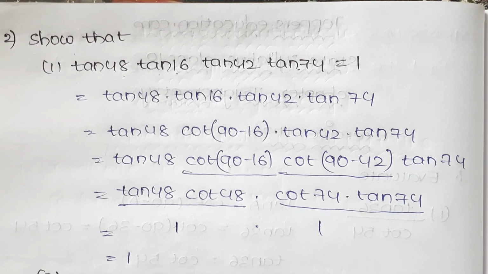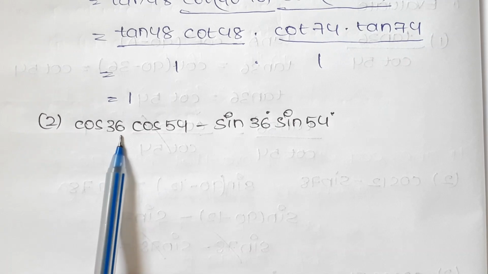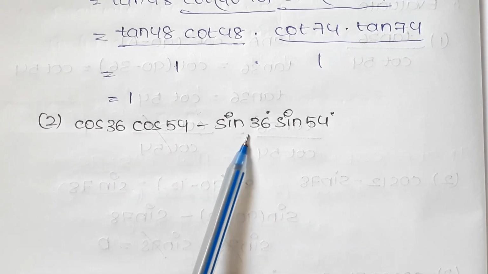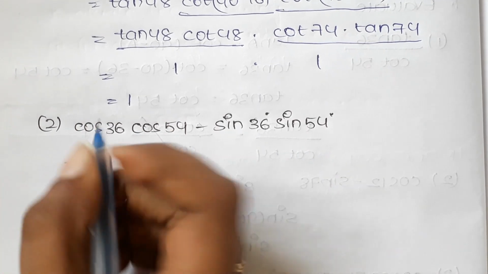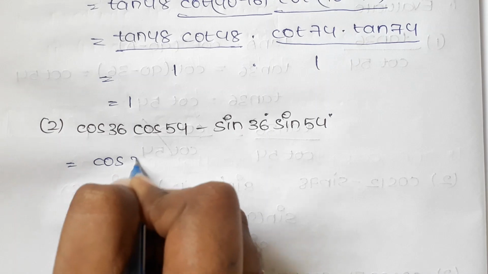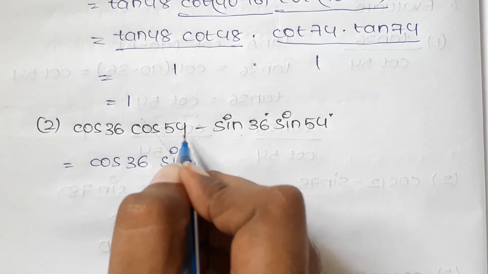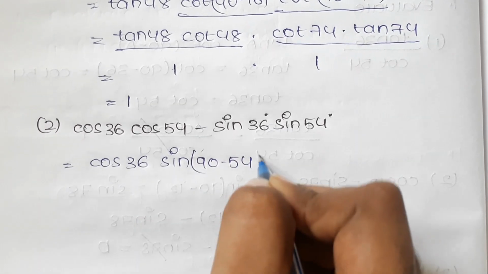Now let us see the next one, that is cos 36 into cos 54 minus sin 36 into sin 54. Now let us change them. Now cos 54 can be written as sin 90 minus 54.